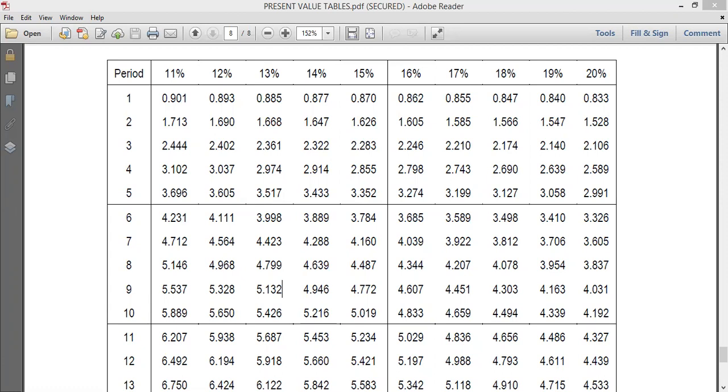Dheeraj, if during the exam we are really short of time and are not able to come to a difference of 1% and say we have a difference of 2 or 3%, can we do interpolation then, or no marks? Absolutely, you can do it. Logically, it's always better to go for a 1% difference because that gives more accuracy.